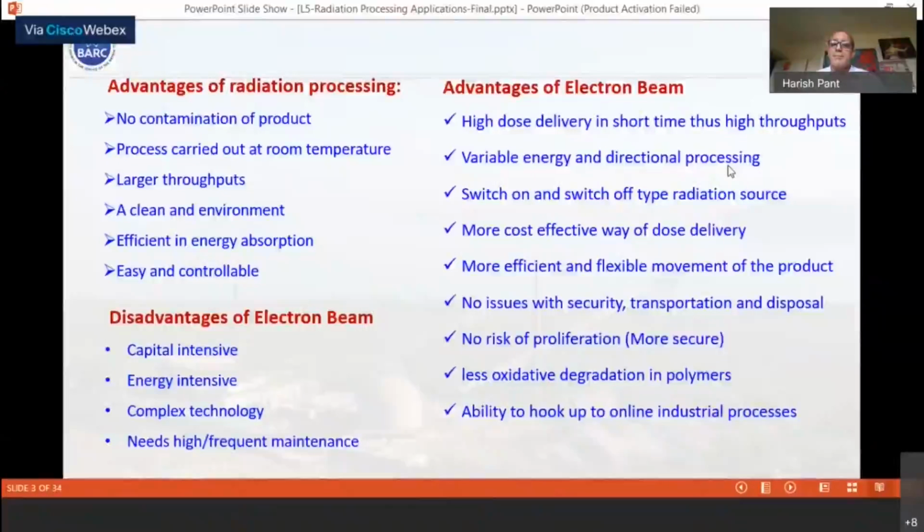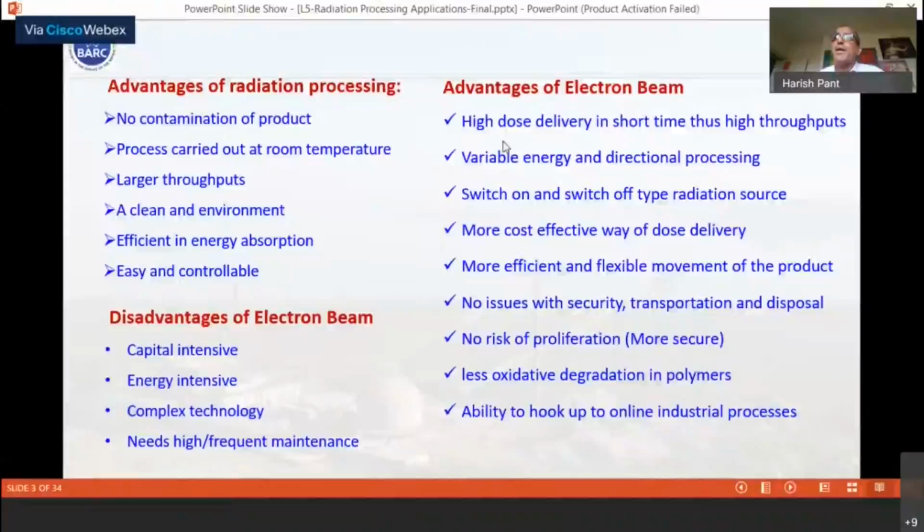The energy of the electron can vary from 1 MeV to 10 MeV. Maybe we have electron beams of 1 MeV, 2 MeV, 3 MeV, 5 MeV, and 10 MeV or 6 MeV. So variable energies are available.